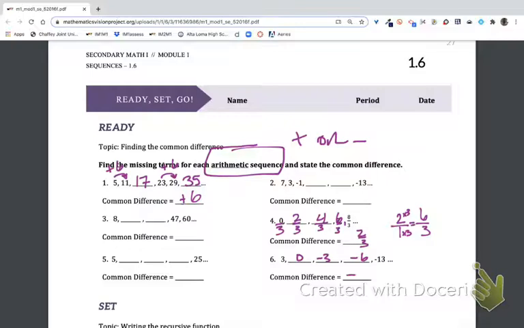That's not going to work. If I subtract 4 each time, I've got negative 1, negative 5, negative 9, and then negative 13. So sometimes it's a matter of playing around with it. I know that I have to get to that number. What can I subtract? And in this case, your common difference would be negative 4.